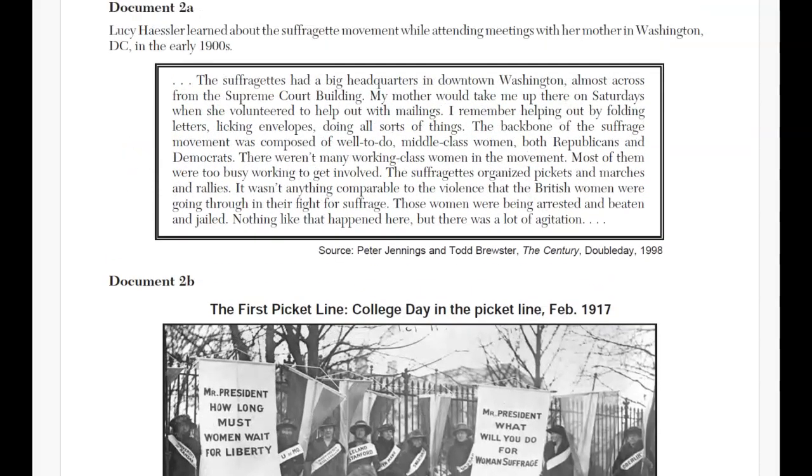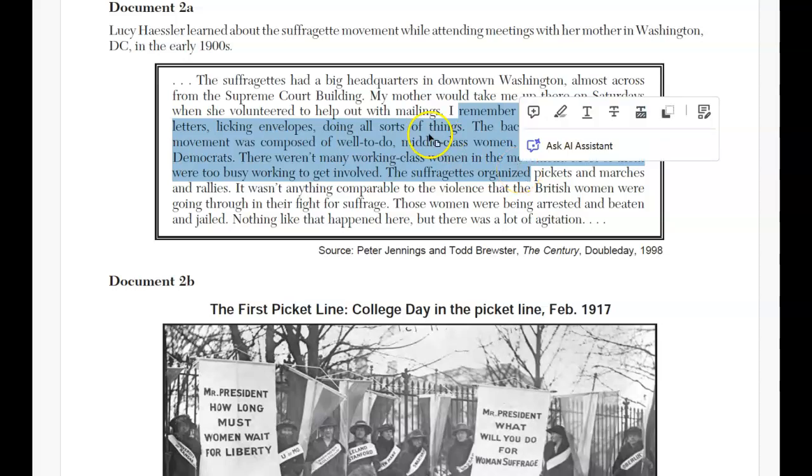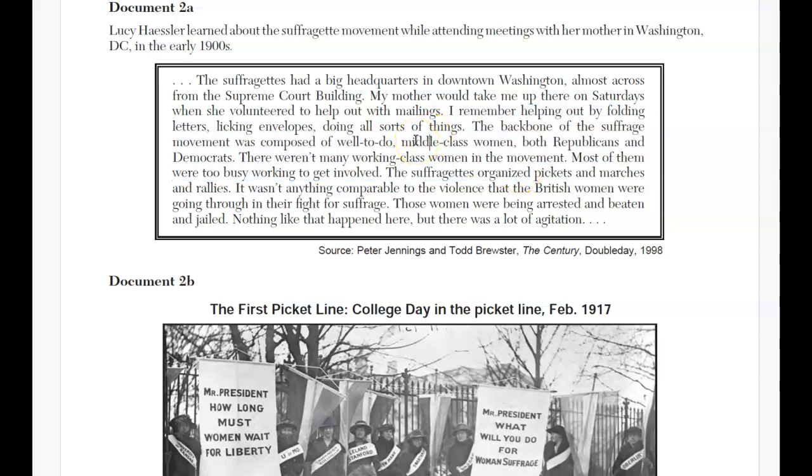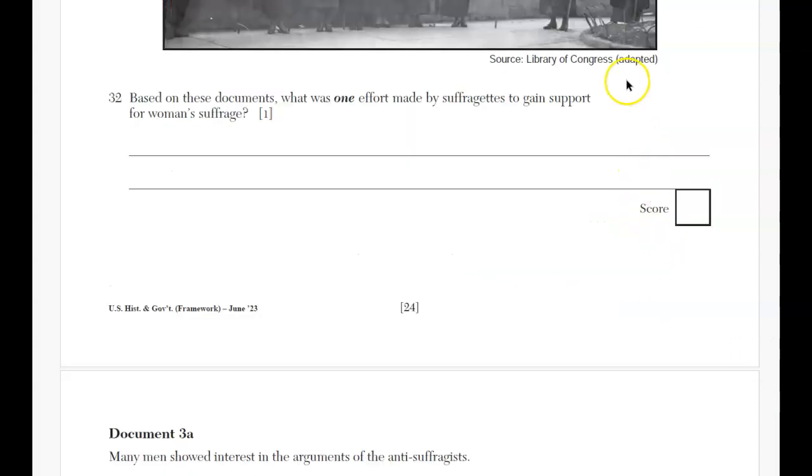Efforts you need by different groups. So you could talk about women, both Republicans and Democrats, from document 2A, gathering together to do mailings, to protest, to do pickets and marches, and we have pictures of a protest here. That's one effort.